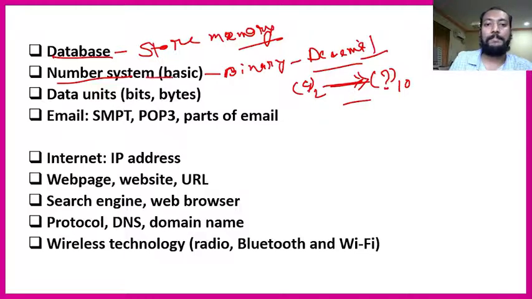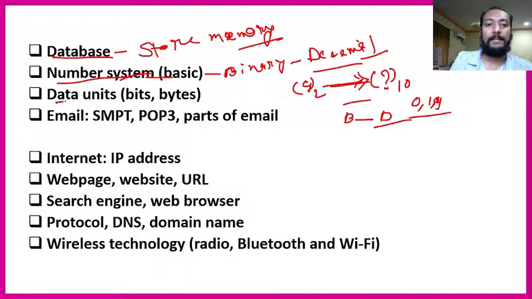Number system. For example, the system will be talking in binary, and we need to understand that language in decimal. So we'll be looking at how it can be done. Numbers 0, 1 up to 9 come under this number system.